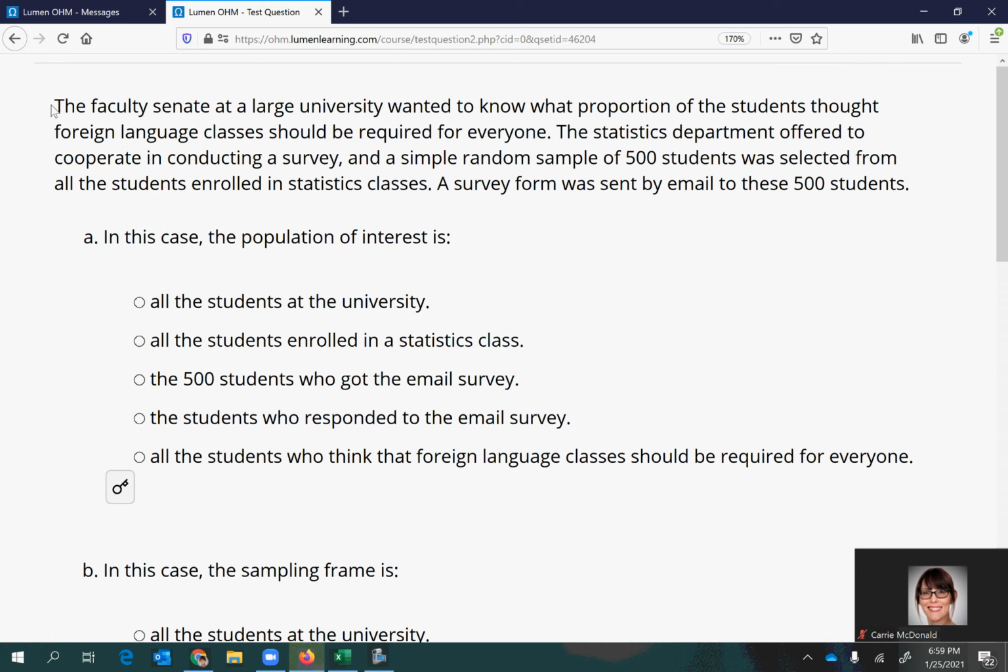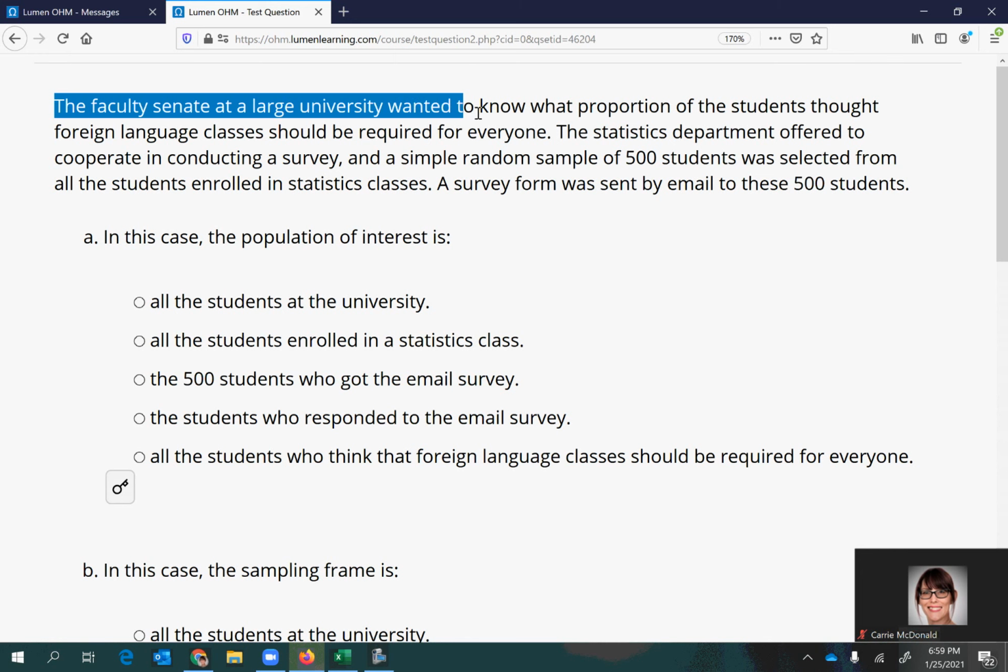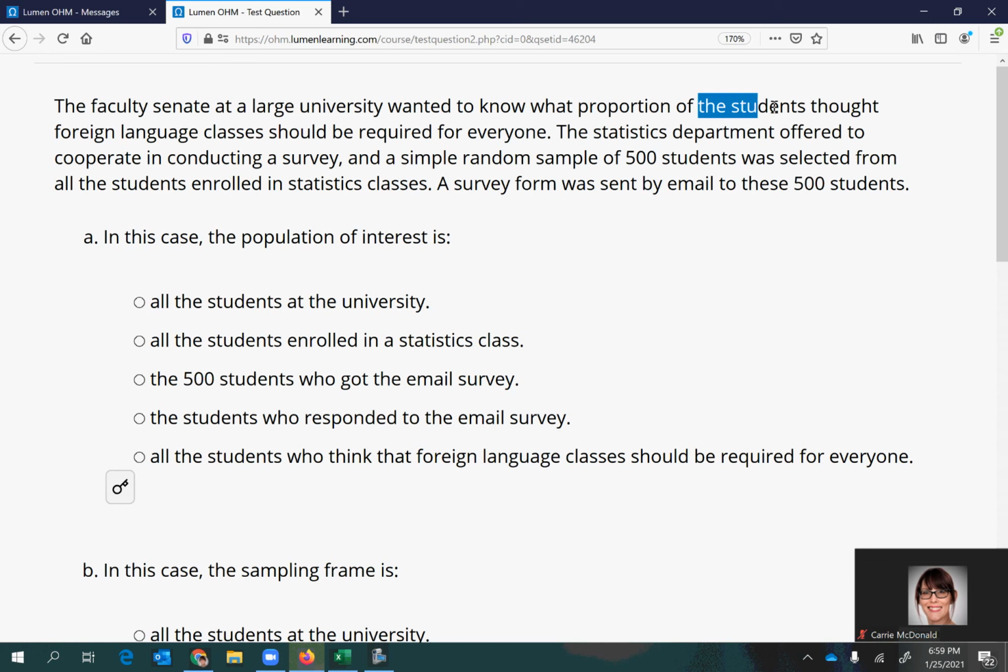Okay, so we have to read who they're interested in finding out information about. Let's read the top line again. The faculty senate at a large university wanted to know what proportion of, now here they mention the population, the students, okay? Which students?